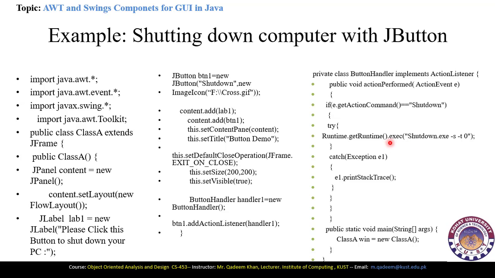Here the exec function of the getRuntime function and Runtime class will call the shutdown.exe of the system32 files, and it also passes three different parameters: -s for shutdown, -t for the time, and 0 for immediate. So it will shut down the system immediately.